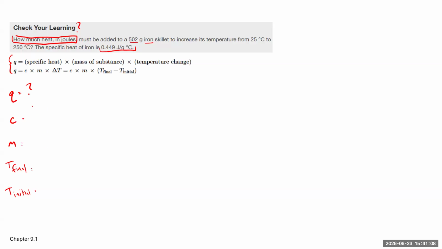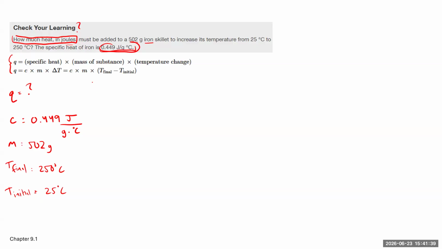So C is heat capacity. It tells us it's 0.449 joules over grams times Celsius. Mass is 502 grams. Temperature final is 250 degrees Celsius. Temperature initial is 25 degrees Celsius.